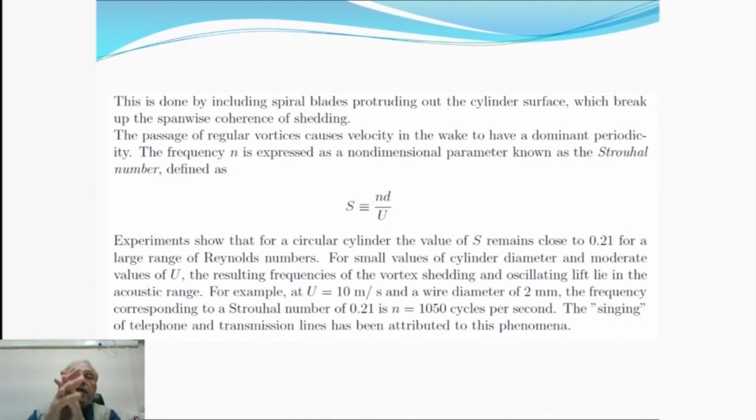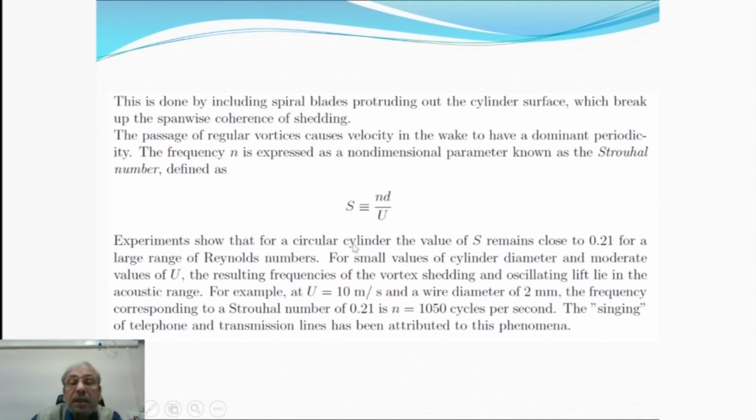He first listened to that and gave its scientific interpretation. And so this Strouhal number is the frequency n into d by U, just to non-dimensionalize it with respect to velocity and the diameter of the cylinder. It is called Strouhal number.